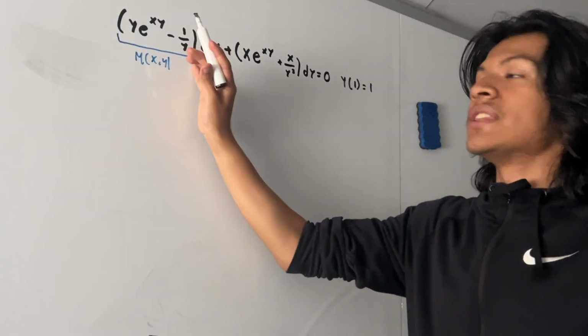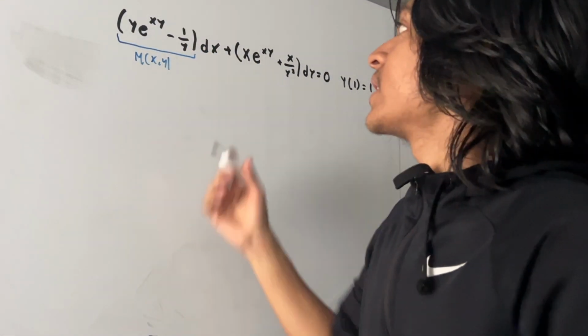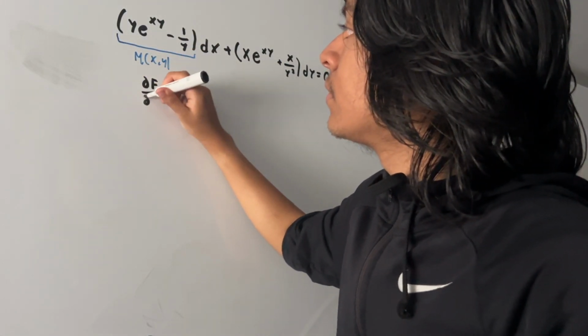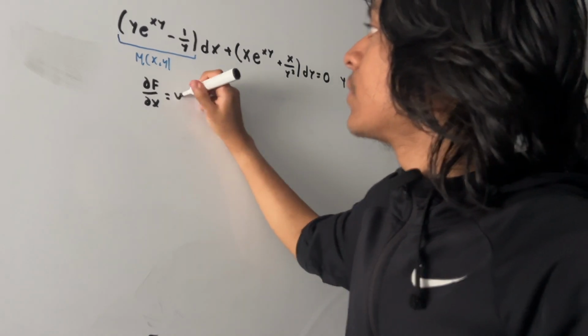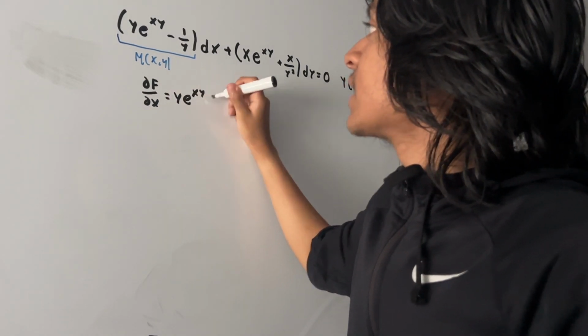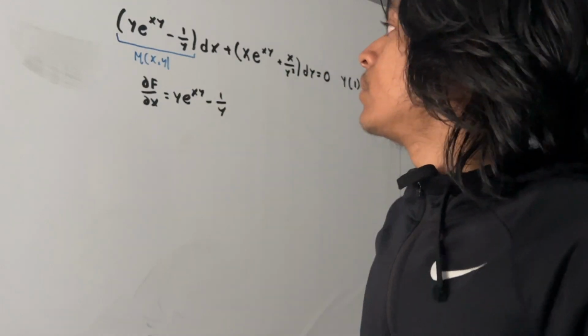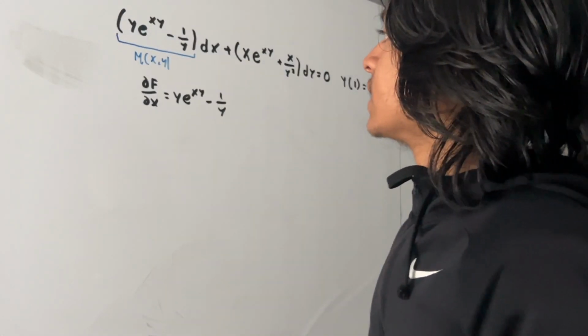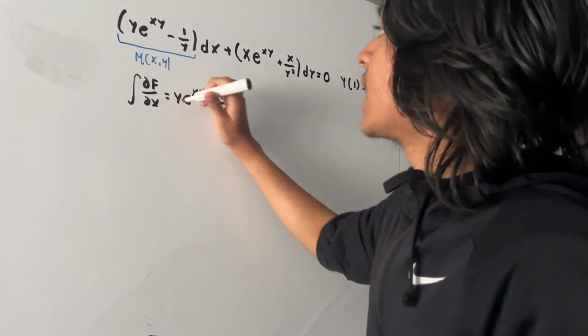So we're just going to set this equal to the partial of f with respect to x. So here we have the partial of f with respect to x is equal to y e to the xy minus 1 over y. We can do the same thing and integrate both sides with respect to x.